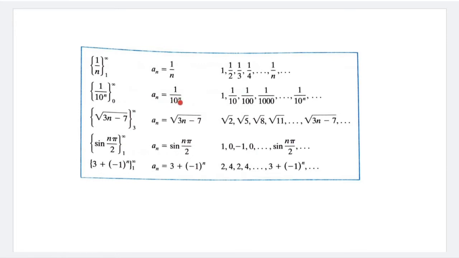Again, remember, any number raised to 0 is equal to 1. And then 1 over 10 to the power 1, it's simply 1 over 10. 1 over 10 to the power 2. 10 to the power 2 is 100, and so on. And we also get these numbers. So these are the sequences, and these are the formulas for those sequences.